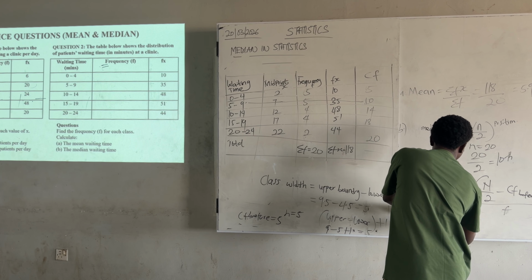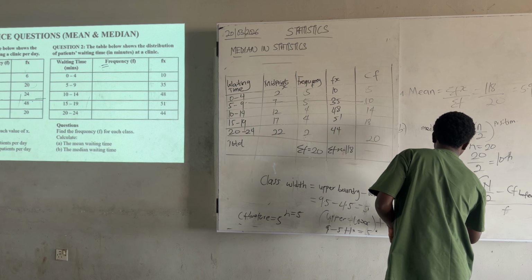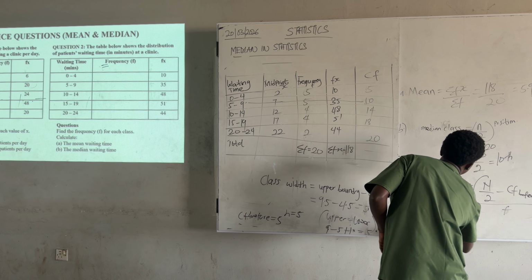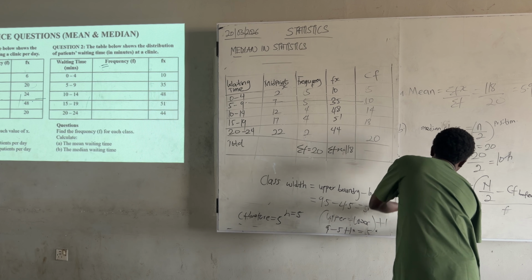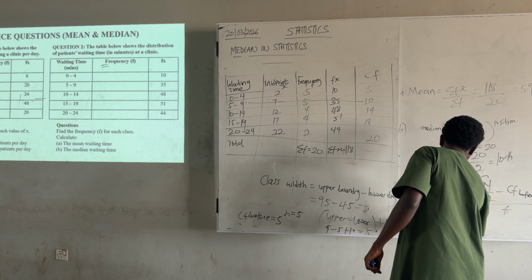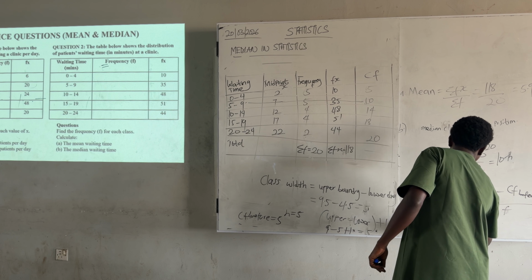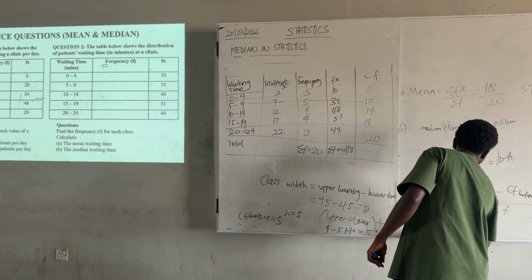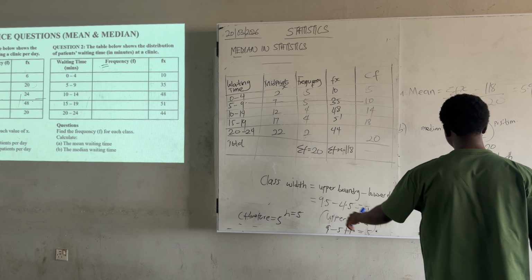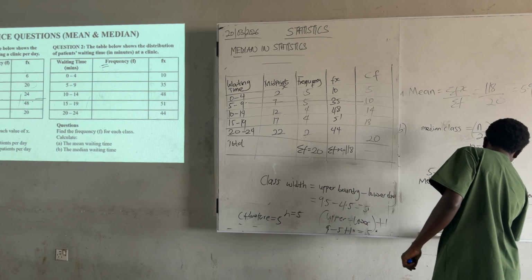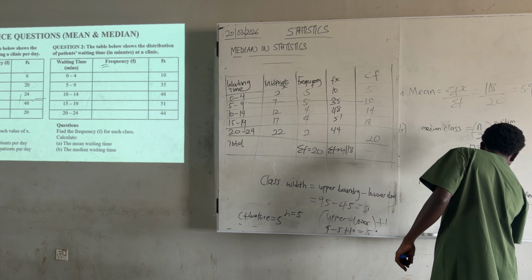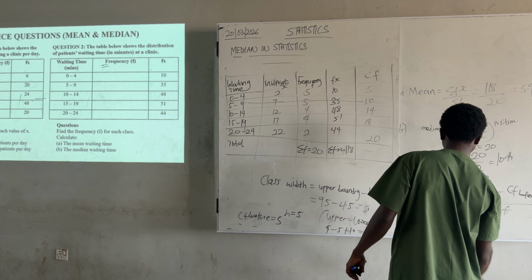So now let's put everything in the formula. What is the LM? 4.5 plus, good, minus our CF. We have our CF to be 5, all over F. Which one is the F?